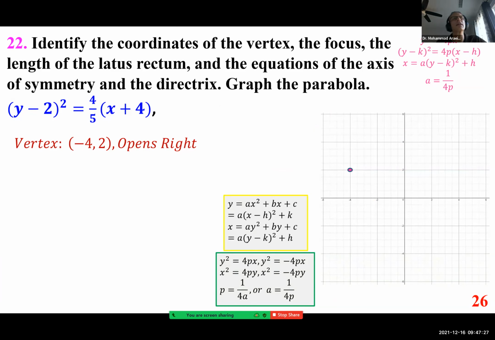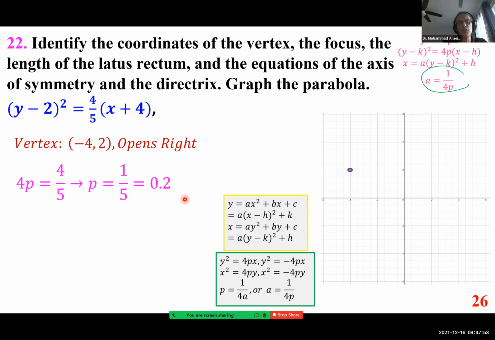So let's calculate the focal distance. And remember, a equals 1 over 4p. Or 4p, in this case, if you compare it to the equation that you have here. 4p is 4 over 5, p is 1 over 5 or 0.2.